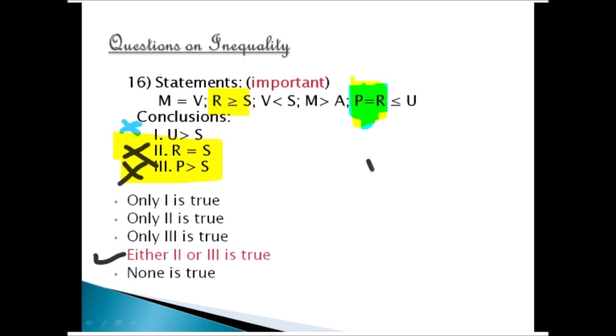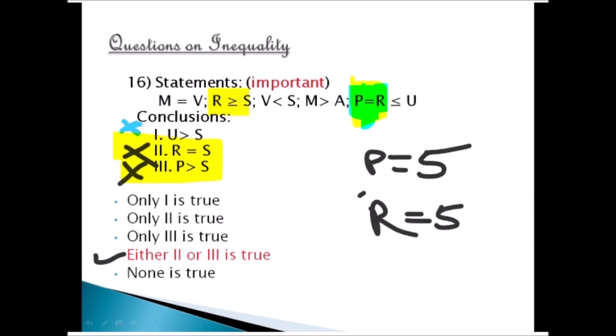Like if I assign p equals to 5, then by default r will also be 5 only. That means instead of r I can use p, as well as instead of p I can use r.